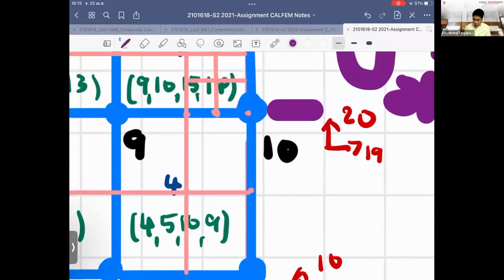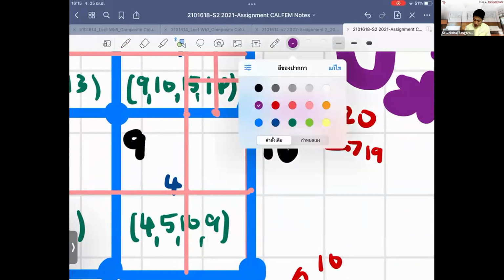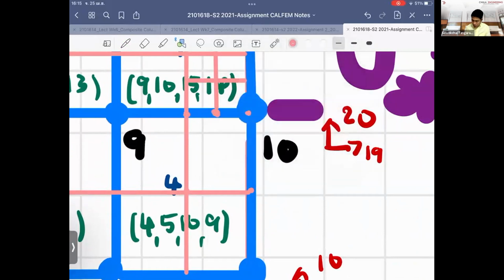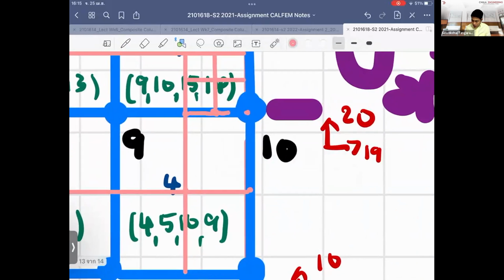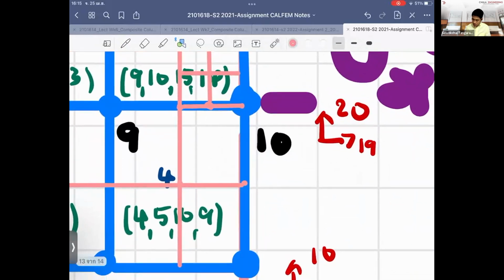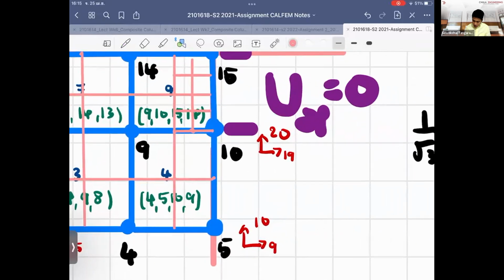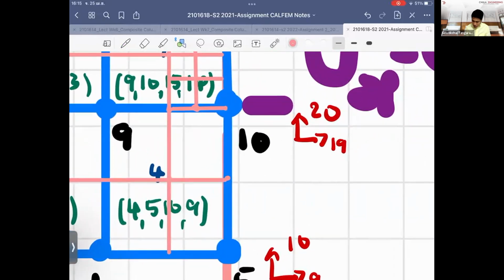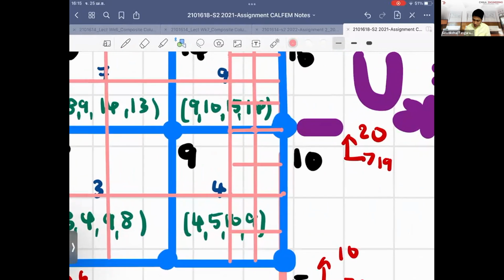So what we do for this case, you have to keep subdividing. You have two options. Let me explain to you. You have to keep subdividing the elements until you reach the bottom, right?